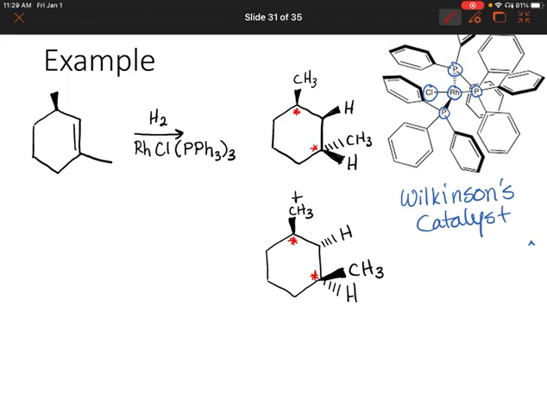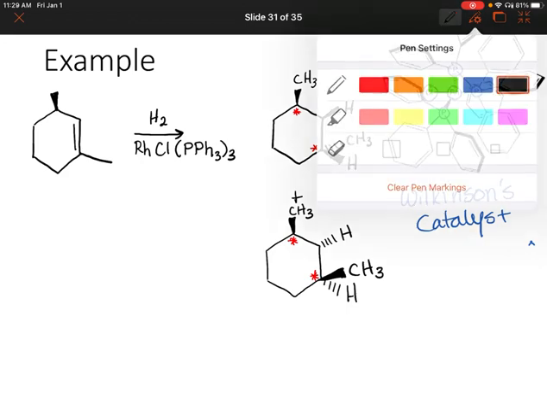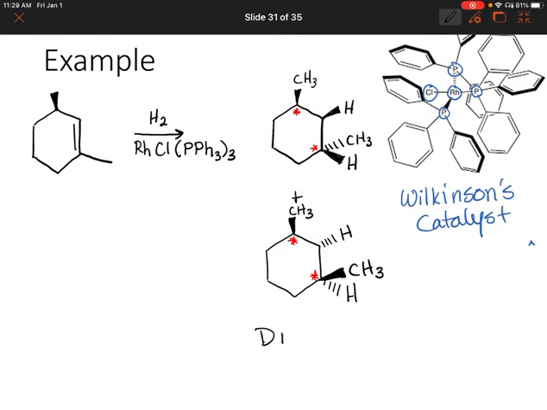So what's the relationship between these two products? Are they enantiomers, diastereomers, or identical? Well, if only one stereocenter changed, then these are diastereomers.